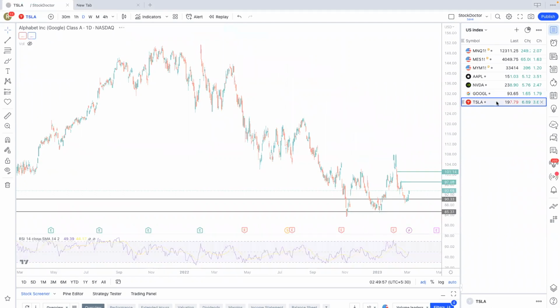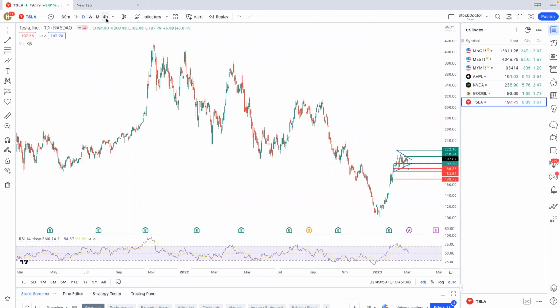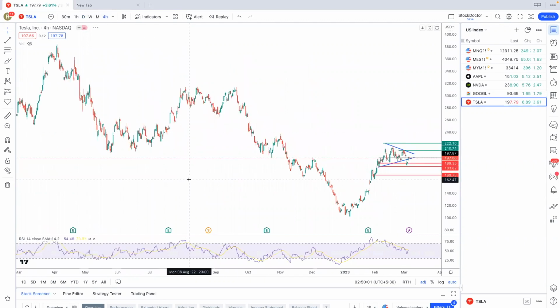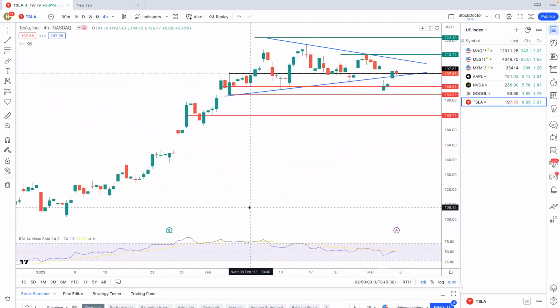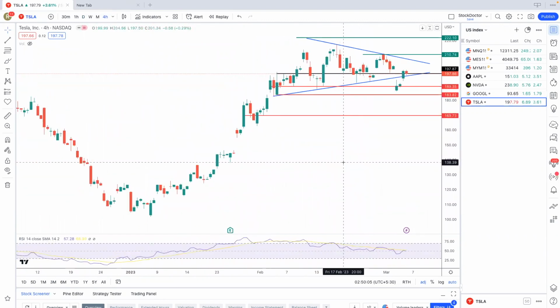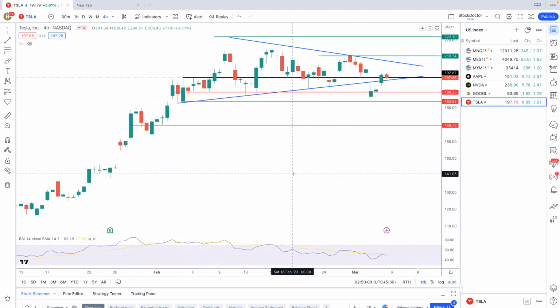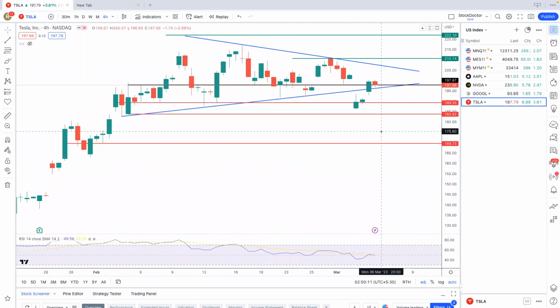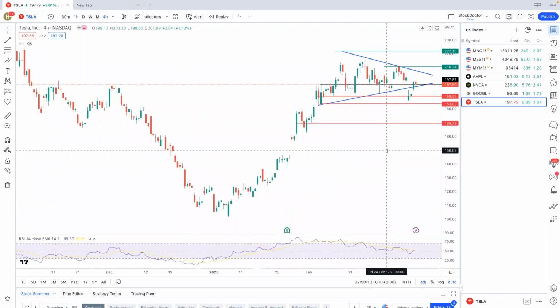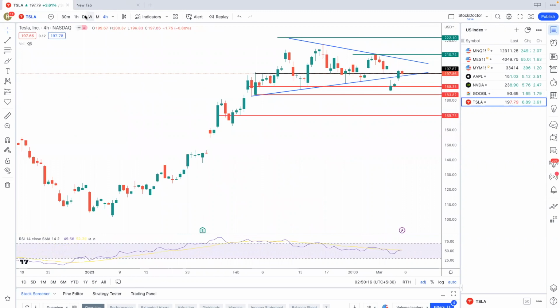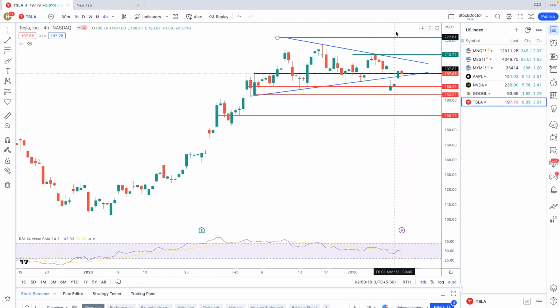Then the last stock we have is Tesla. For Tesla, we created a YouTube short video where we mentioned that Tesla was showing some weakness, right? Last week, we mentioned that Tesla has a support around $189, right?